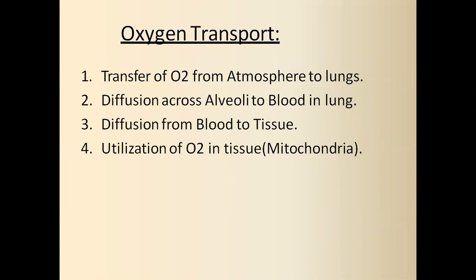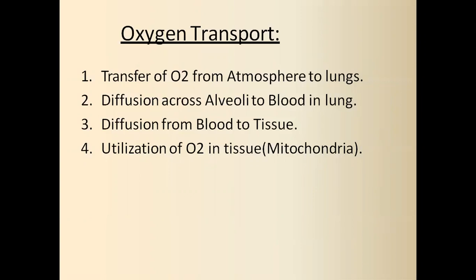The process of respiration starts from the transport of oxygen from the external environment to the internal environment of the body. For this mechanism, our oxygen transport process is divided into 4 parts.